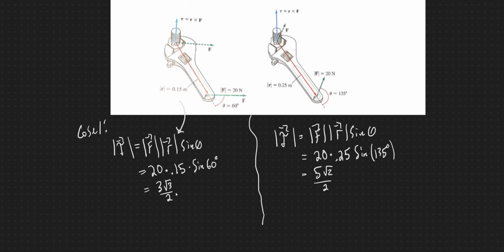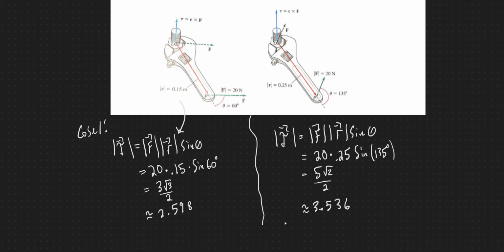So what's bigger, 3 square root of 3 over 2 or 5 square root of 2 over 2? Maybe we still can't tell. I can't tell right off the top of my head, so I'm going to approximate each of these. 3 square root of 3 over 2 is about 2.598. And 5 square root of 2 over 2 is about 3.536.